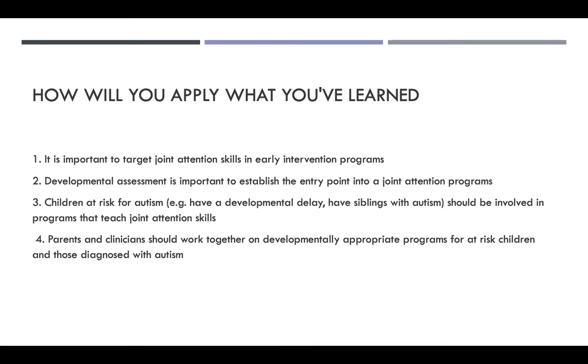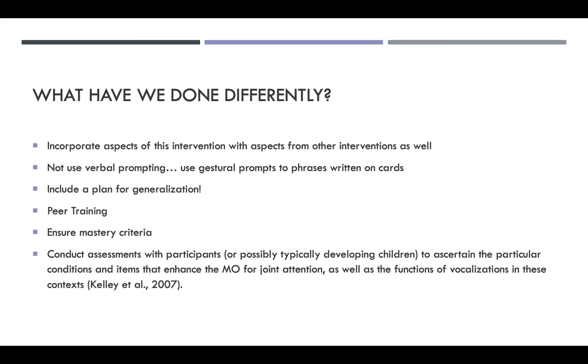How far are they behind from their typical peers? That sort of stuff. And then also children who are at risk for autism should be involved in programs that teach joint attention skills. And parents and clinicians should work together on developmentally appropriate programs for at-risk children and those diagnosed with ASD.